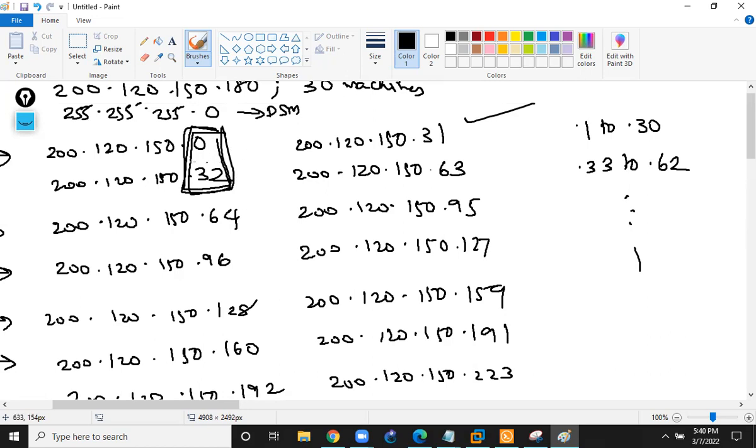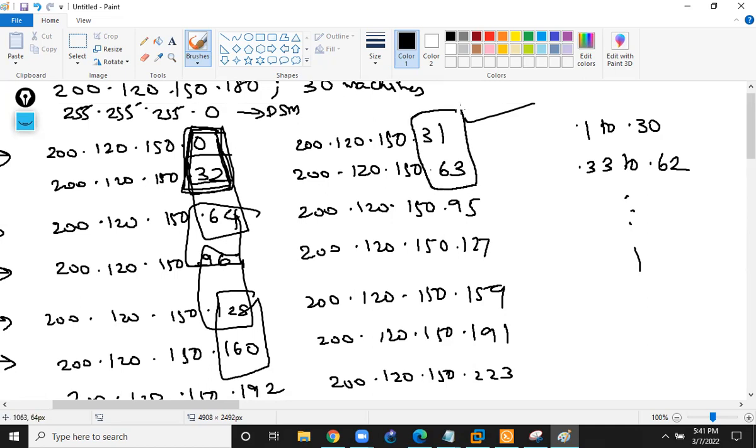You can see the consecutive values: 0 and 32, 32 and 64, 64 and 96, 96 and 128, 128 and 160. And the same for 31, 63, 95, 127: the difference is 32.